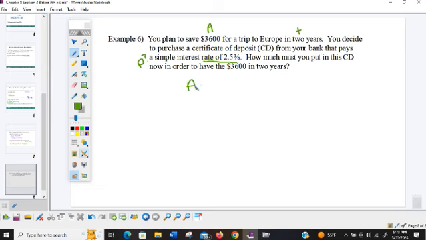So remember the formula. A equals P times 1 plus RT. We know the A. We want $3,600. We don't know our present value, we don't know our P. And then we're going to have 1 plus 0.025 times 2, because our time was 2 years.